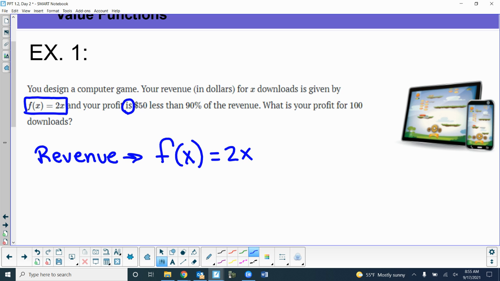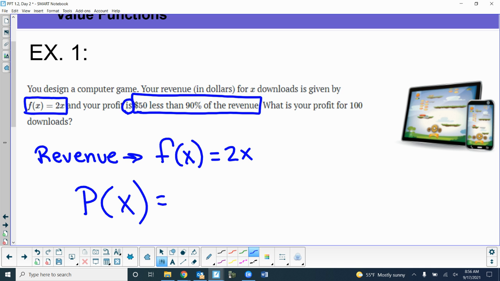For profit, we'll use the letter P for our function notation. What do I put in place of "is" in math? Yeah, equals. Okay? So this is what we've got to figure out.